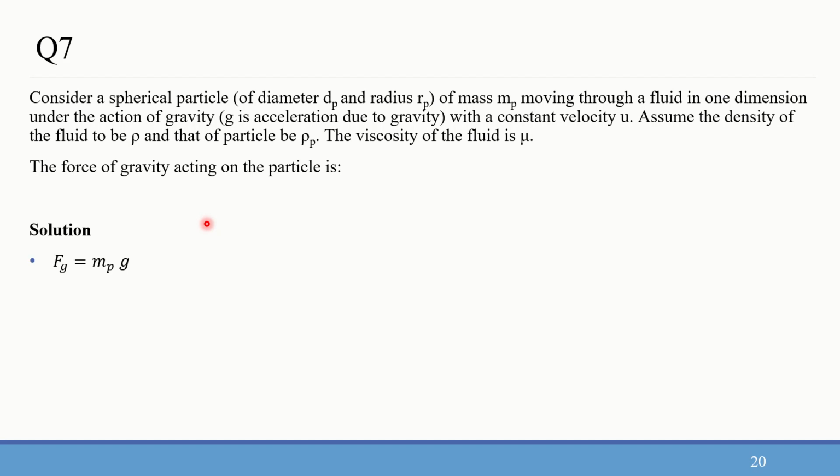So Fg, the gravitational force, is equal to, here we are not asked in terms of anything, so we will go with the straightforward approach. Fg is equal to mpg. It is the mass of the particle pulled down by the acceleration due to gravity. Multiplying those two gives us the gravitational force.